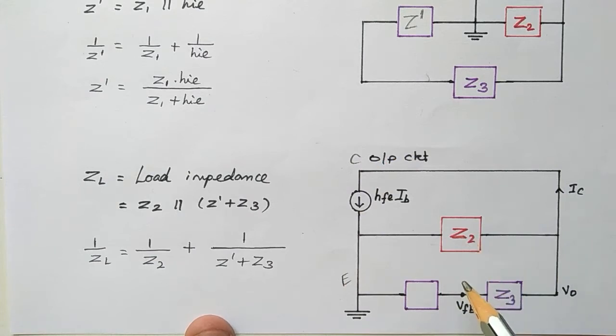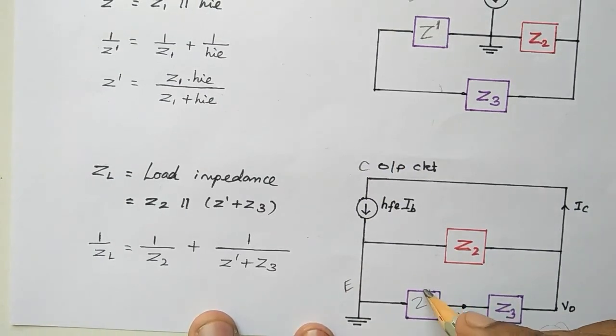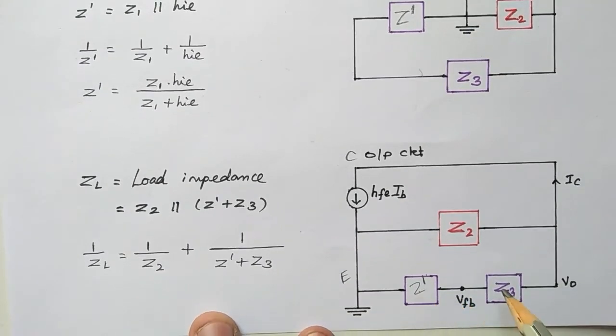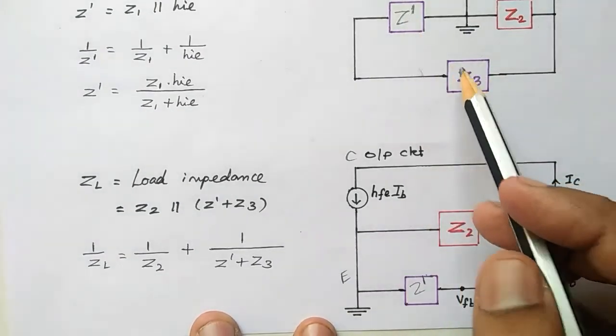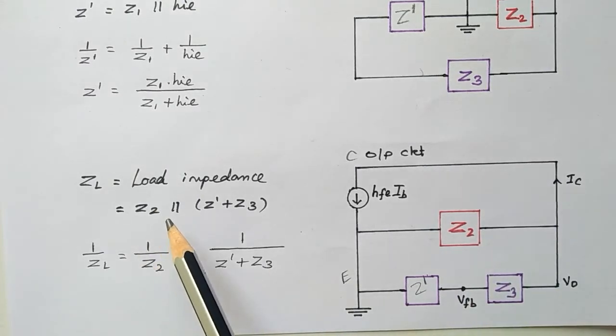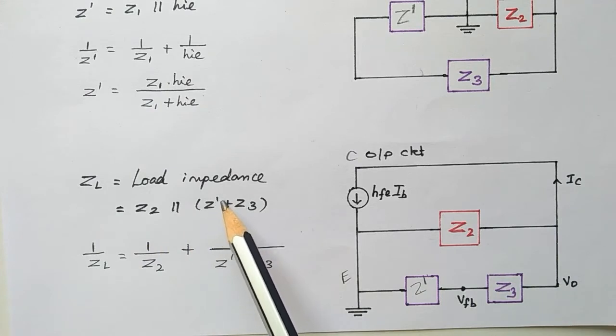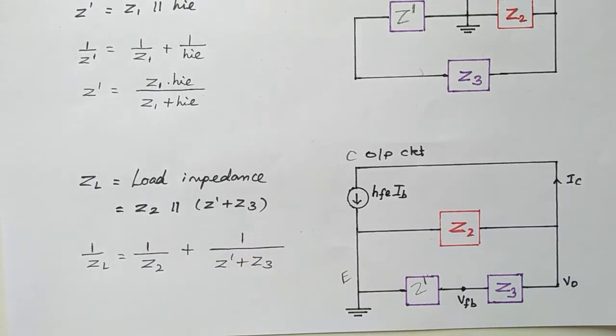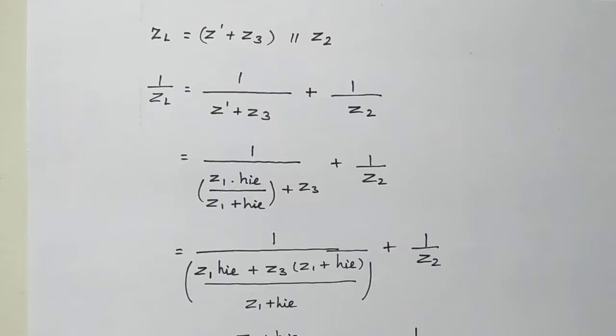Z2 is parallel to the series combination of Z dash and Z3. Both of these reactances in combination are parallel to Z2, as mentioned here: Z2 is parallel to the series combination of Z dash plus Z3. That is expanded to find the load impedance.